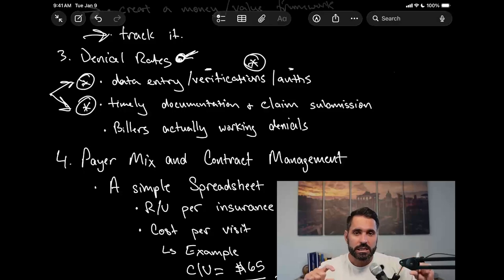We want to clean that revenue cycle up so that these claims can go out and get paid on the first pass.